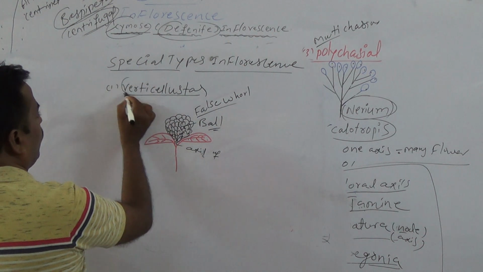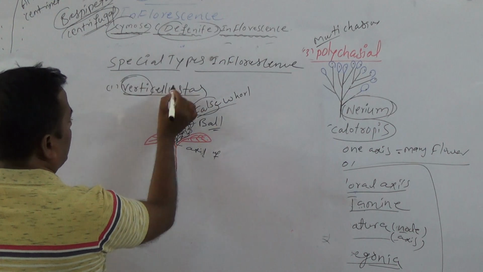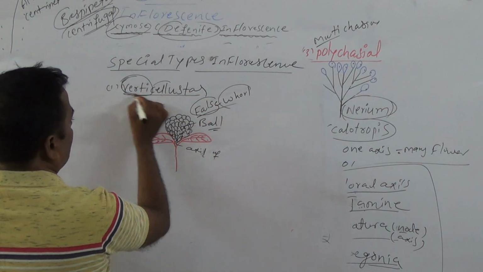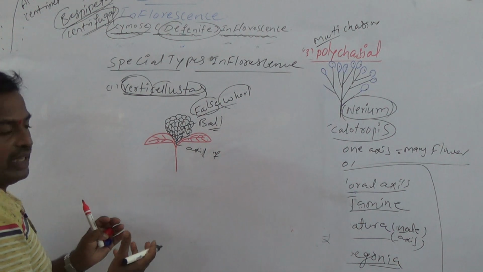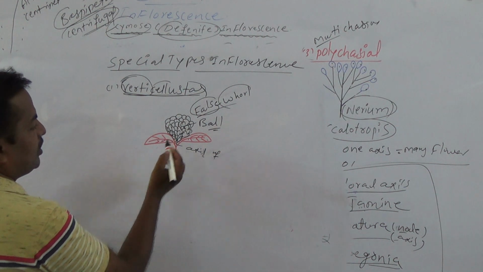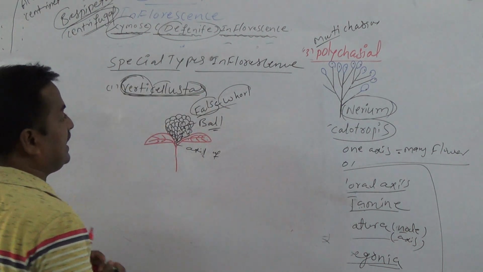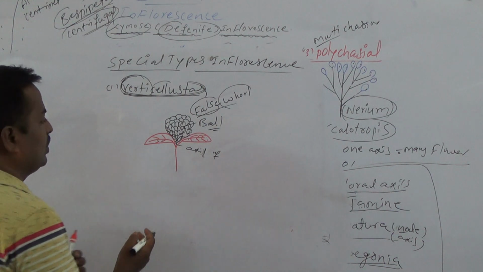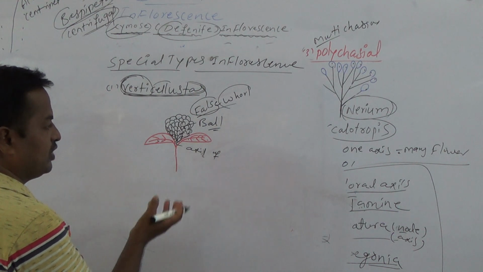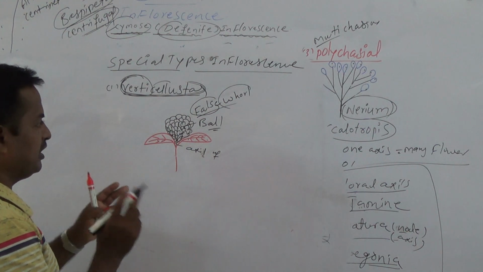It is called a false whorl. All flowers are arranged in a false whorl around the node. This type of arrangement is known as verticillaster. It is special. The flower arrangement, the axis formation, is different.